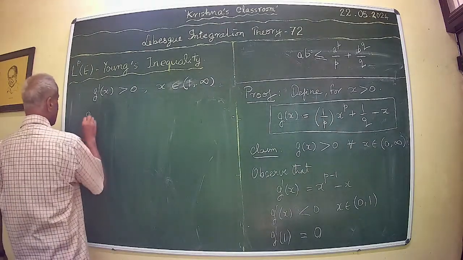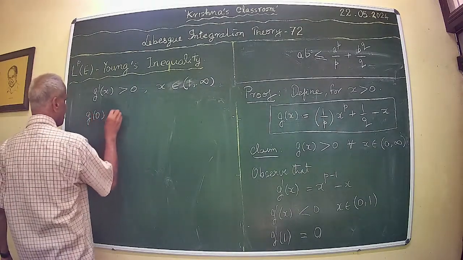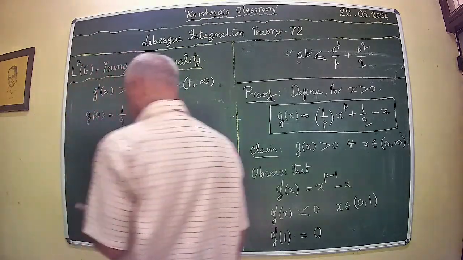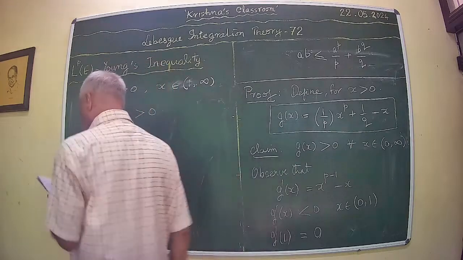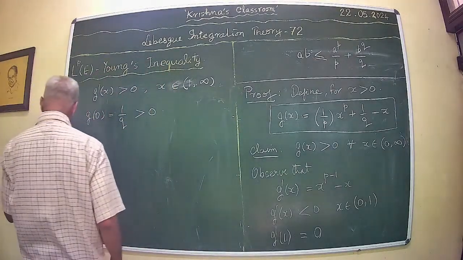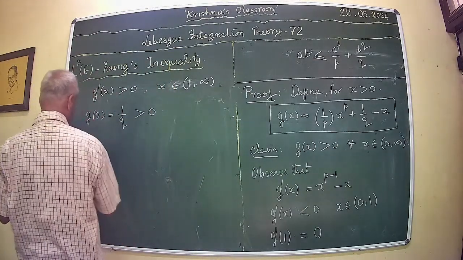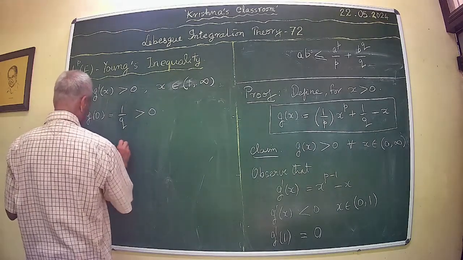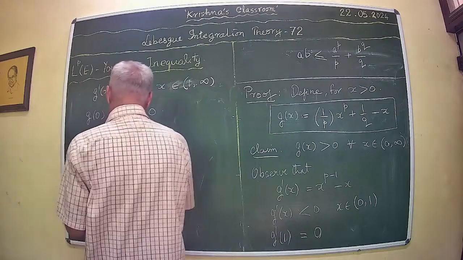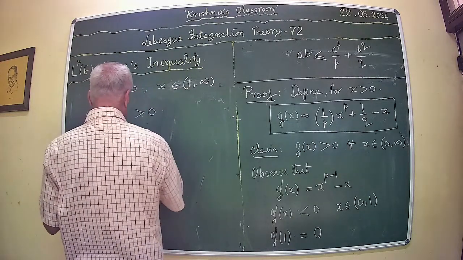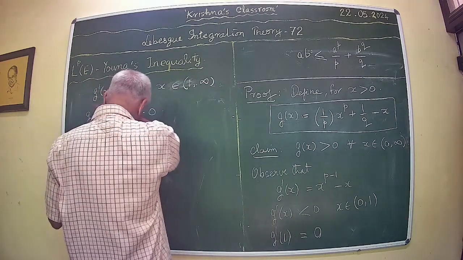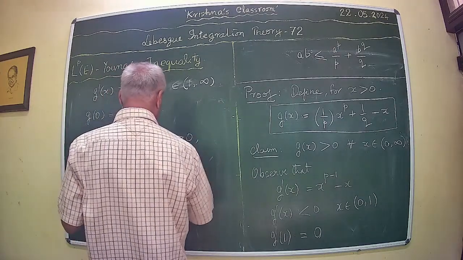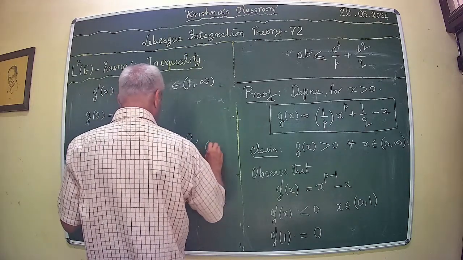Okay, let us see what is g0. G0 is equal to 1 by q, which is positive. Takes a positive value. And g1 equal to 0 and g derivative of x is positive for x belonging to 1 to e.